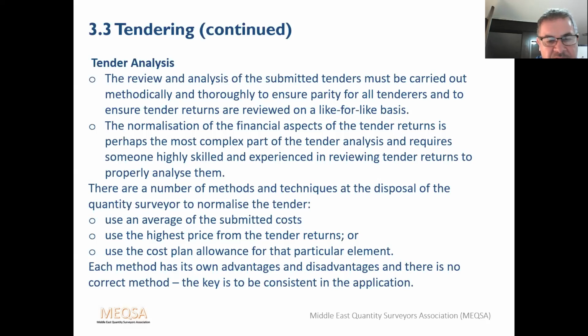If there's any big fluctuations between different tenderers for, say, the earthworks or the MEP, they'll try and investigate why there's a difference. It may be that one of the contractors misunderstood or missed some of the items out, or haven't priced them properly.